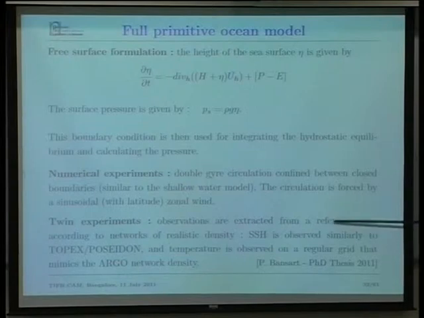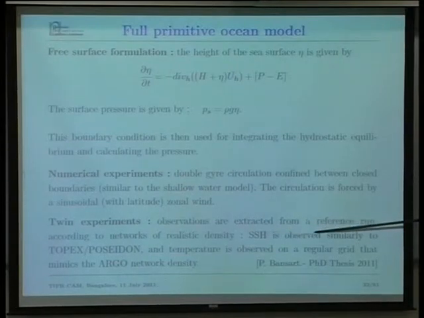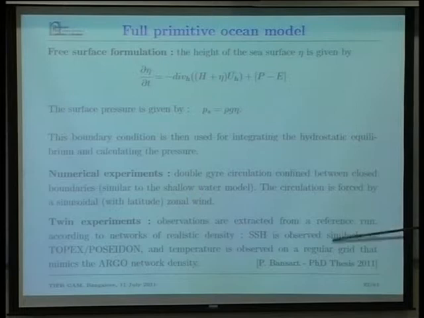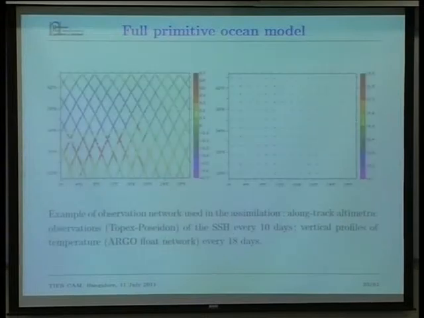So here we get SSH along satellite tracks, and also some observations of temperature on a regular grid, which is more or less similar to the Argo float network. So this is inside the PhD of Patrick Bonsard, who is expected to defend this year.